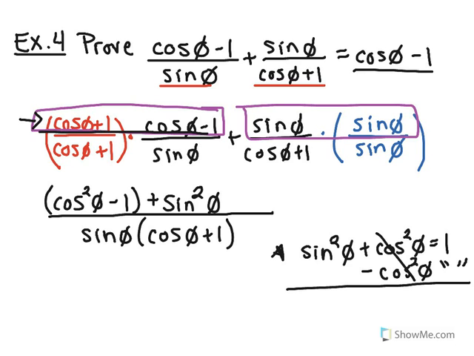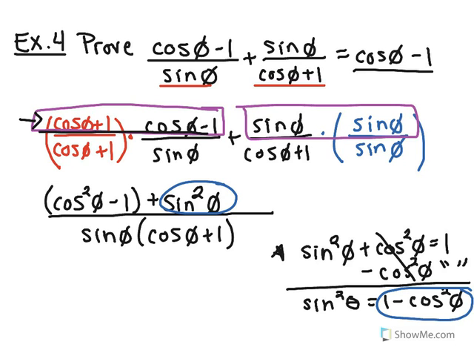So these are going to cancel, and I am left with sine squared phi is equal to 1 minus the cosine squared of phi. So here's what I'm going to do. In my numerator, I am going to replace this piece right here with this piece down here, 1 minus cosine squared phi.